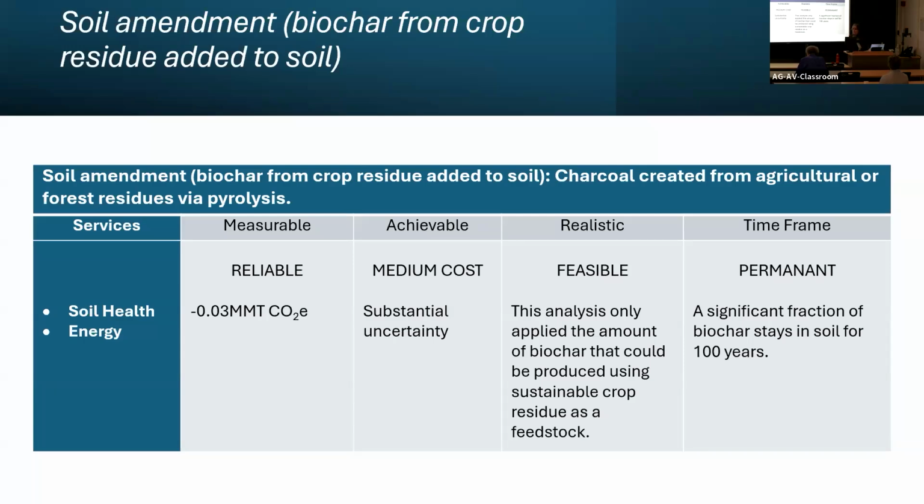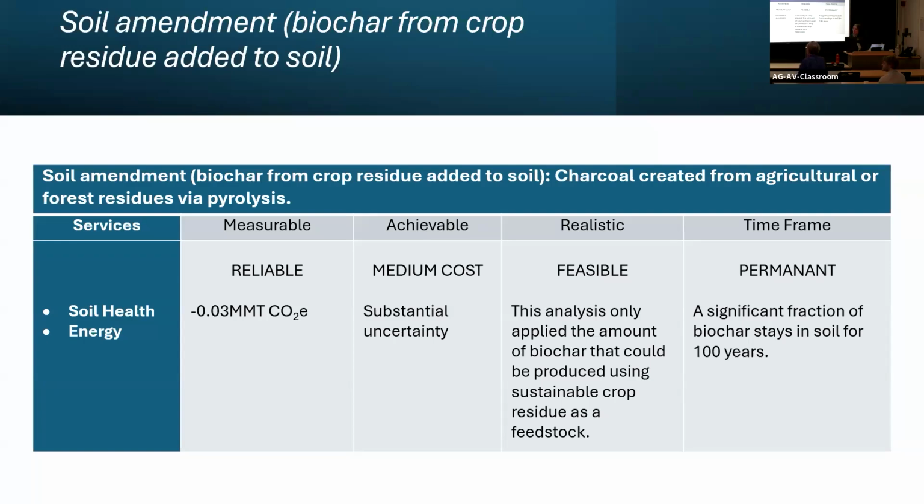So it is one of our practices that we feature, and it reduces 0.03 million metric tons using only the sustainably harvested residue from croplands, right? We could also convert forest biomass into biochar. That would be another thing, but this is where this falls in this assessment.